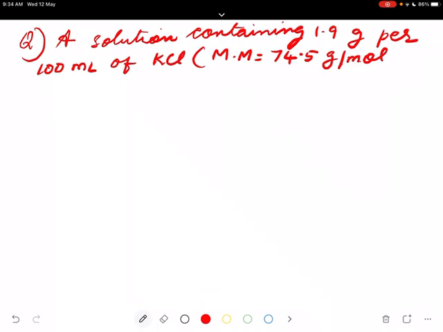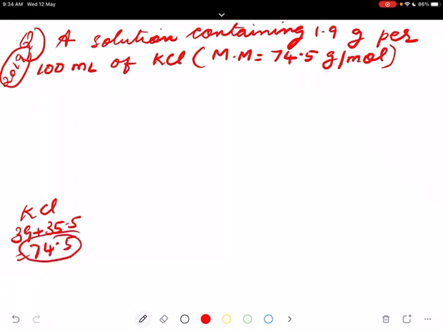This question is of 2019. We know that this is the original KCl's molar mass, that is 39 plus 35.5, which is equal to 74.5. This is original.